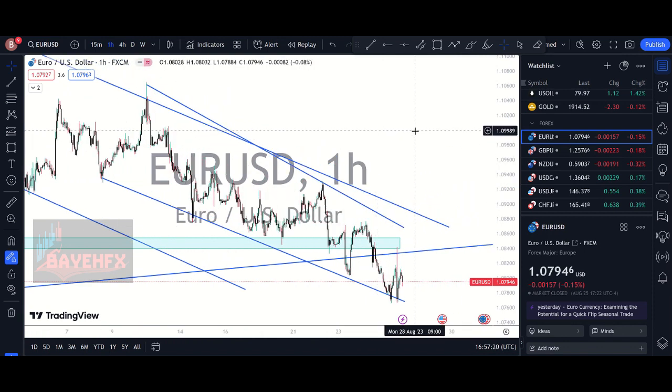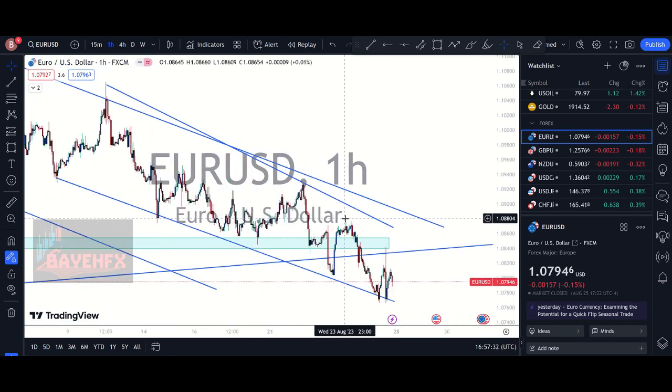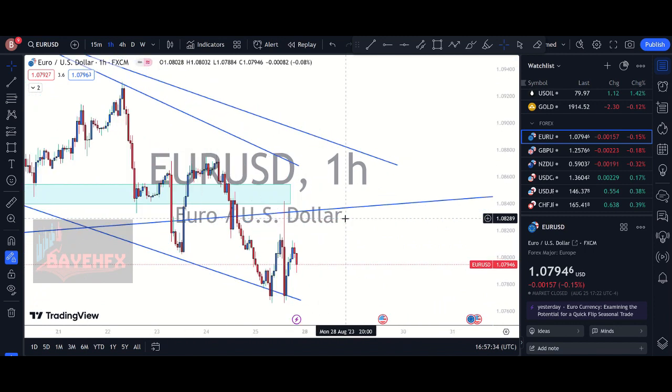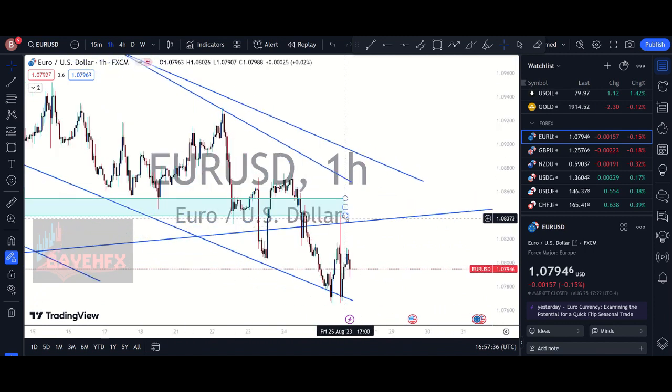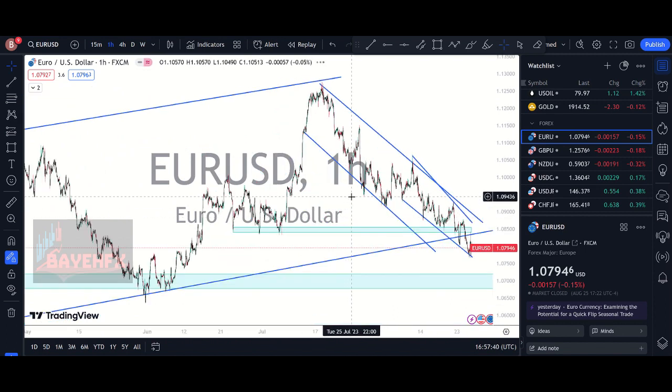If DXY goes into correction, then we could see this market also going for a correction, right? We see that market too going for a nice correction on that particular pair, EURUSD. So we're still looking bearish on EURUSD, and our overall direction will be back at this to mitigate this order block, right?